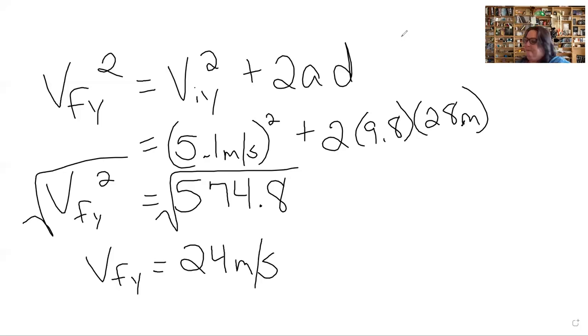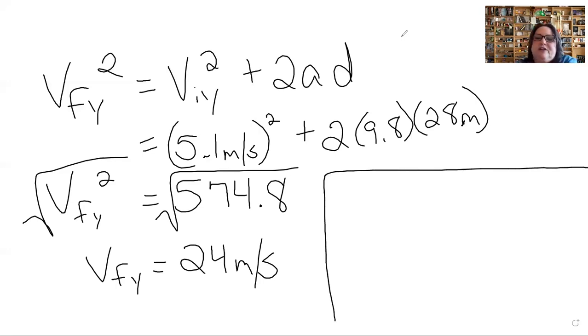Yeah, you're good. All right. So now we need to find time. We're going to use this information to find time. I'm just going to put a little square down here. We are finding t.